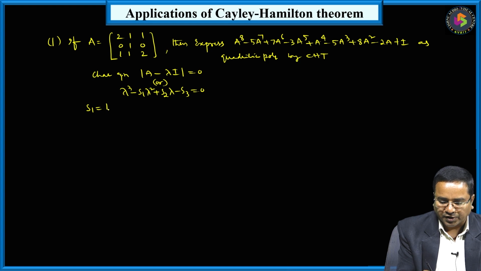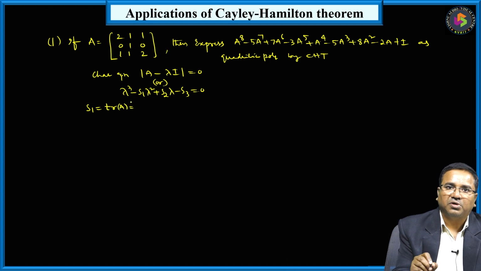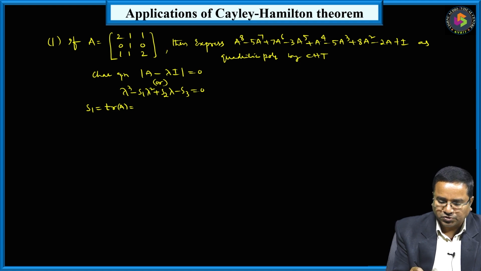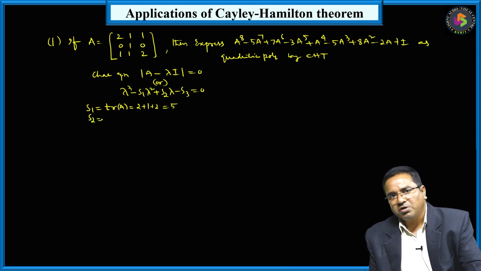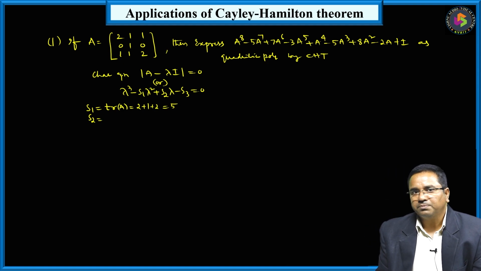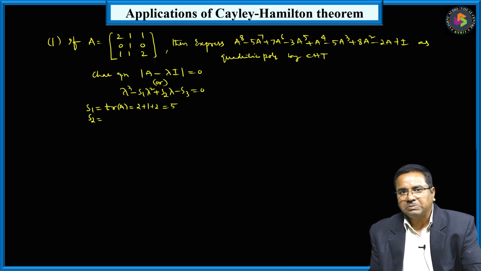We know what S1 is here. S1 is the trace of the matrix. Trace means the sum of the principal diagonal: 2 plus 1 plus 2. What is S2? S2 is the sum of the minors of the principal diagonal elements.